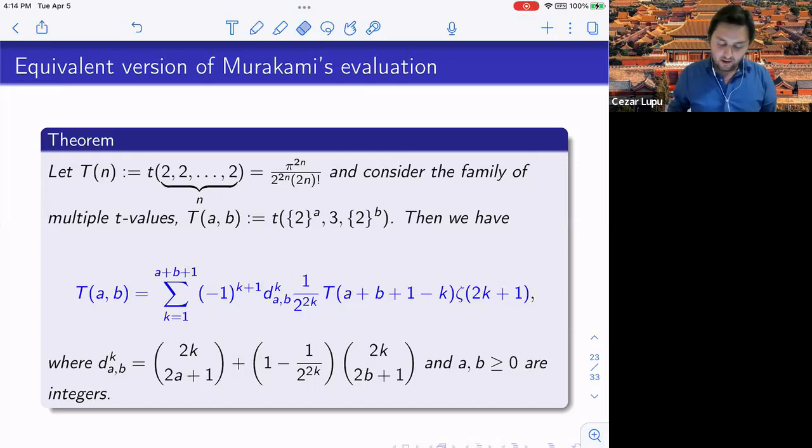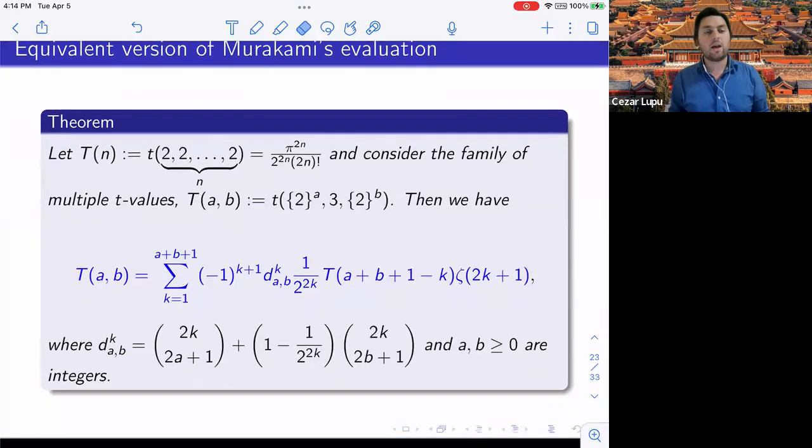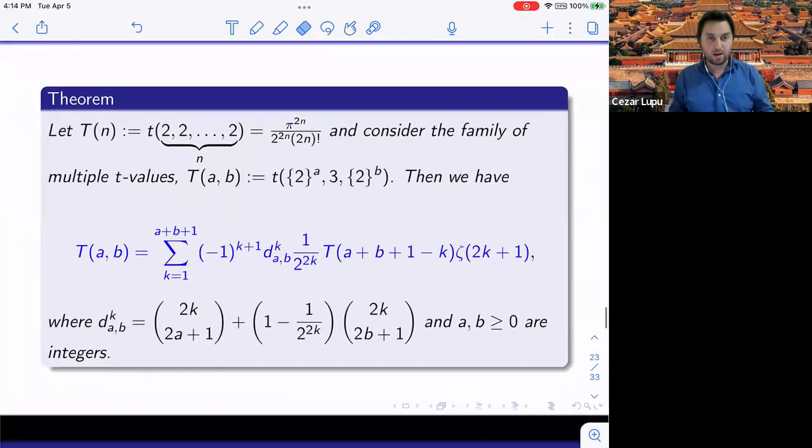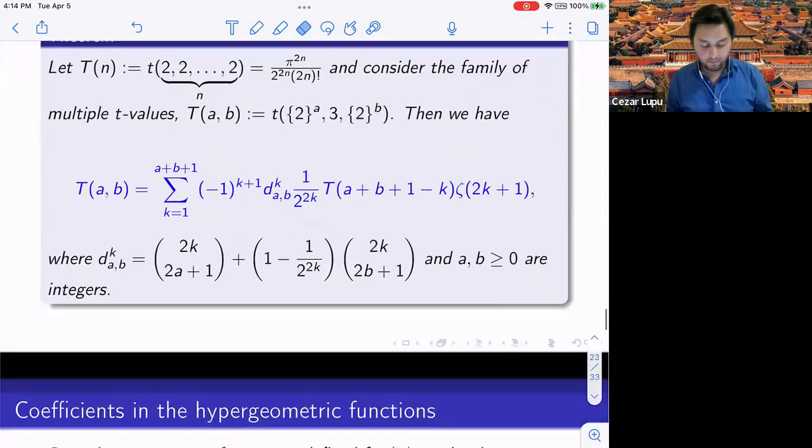But as you can see here, I can express this again as a Q-linear combination of powers of pi and odd zeta values. So this is the equivalent version of Murakami's theorem. And again, basically everything reduces to evaluating this family of multiple t values to prove the analog of Brown's theorem.